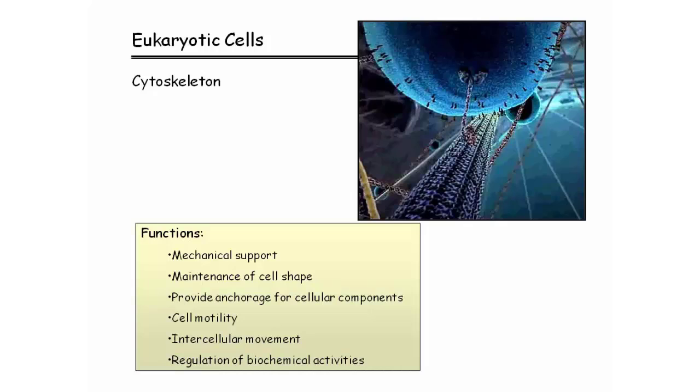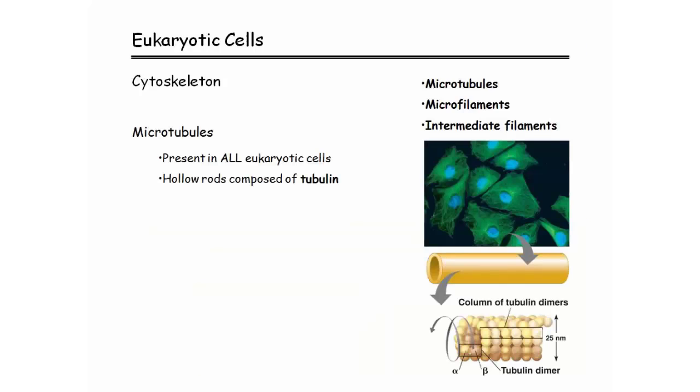So lots of different functions of the cytoskeleton because we have lots of different fibers and things that are going to make it up. Now, if we just quickly introduce some of those individual fibers, you really don't have to memorize all the details of each one, but microtubules are one of these.